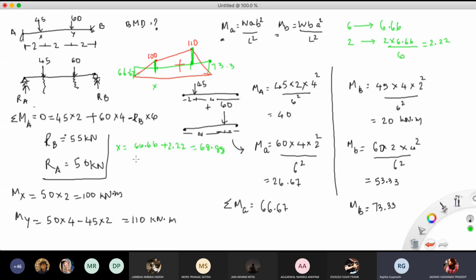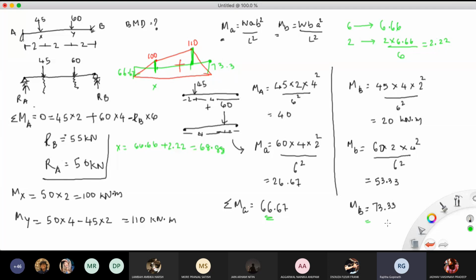Rajita, how did you get 6.66 for 6 meter? No, you've written 6.66 for 6 meters. So at MA, it is 66.67, right? At one end, it is 66.67. At the other end, it is 73.33, right?